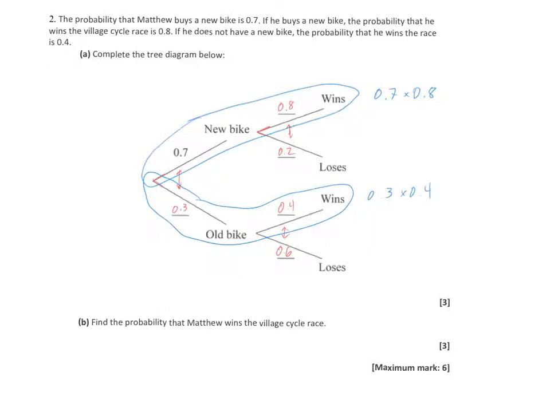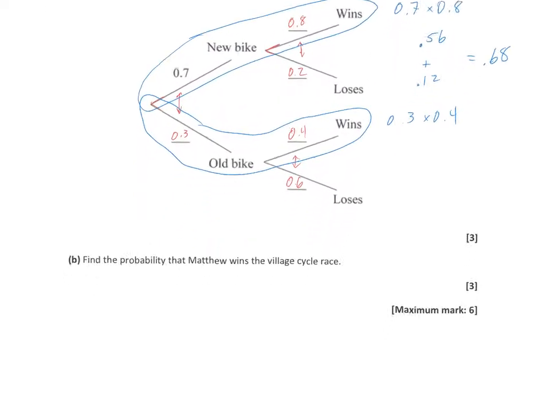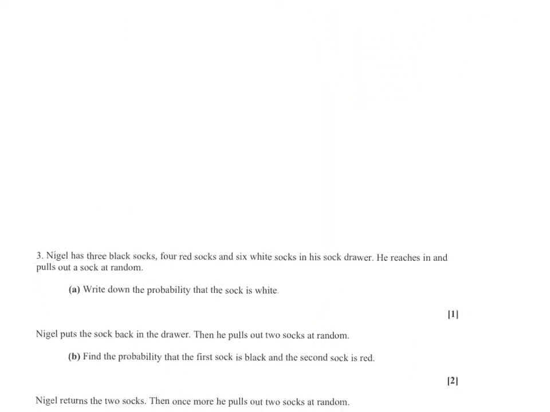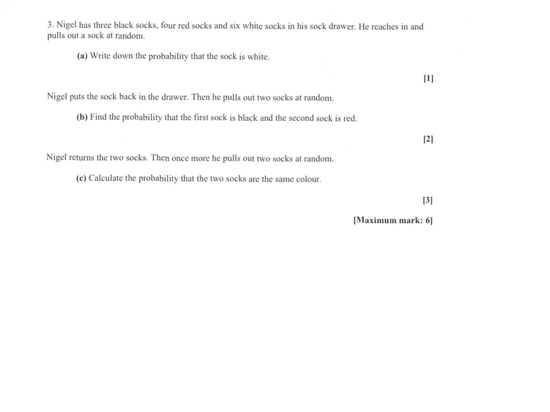Anytime you choose things along a path, you then multiply those, and then we're going to add these two together, so we get 0.56 and 0.12, which gives us 0.68. And like I say, most people got that one right, but wanted to make sure that we had the complete quiz here. All right, let's move on to question number 3.